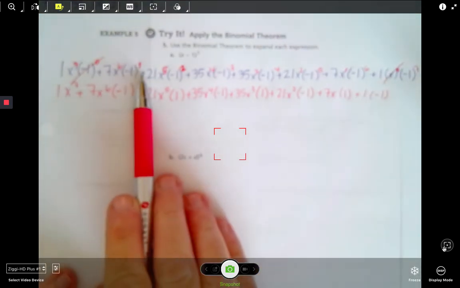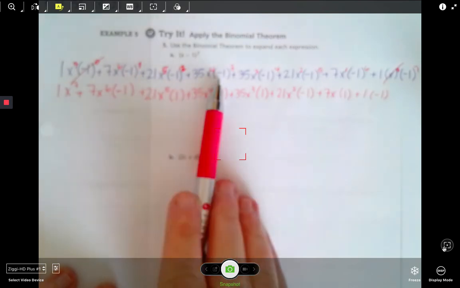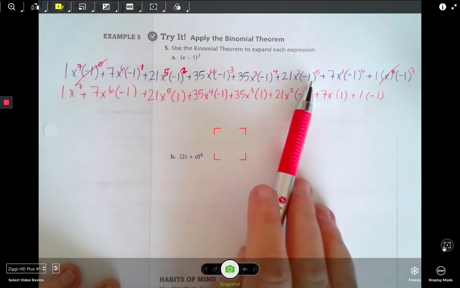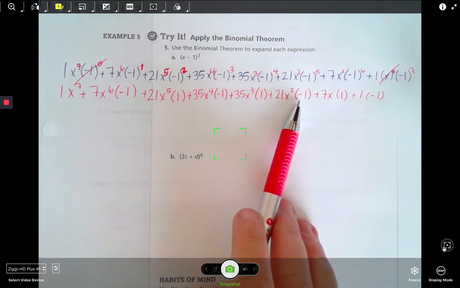So if it was an even exponent, and you could have put all these in your calculator, it became a positive 1. If it was an odd exponent, it stayed a negative 1, okay?